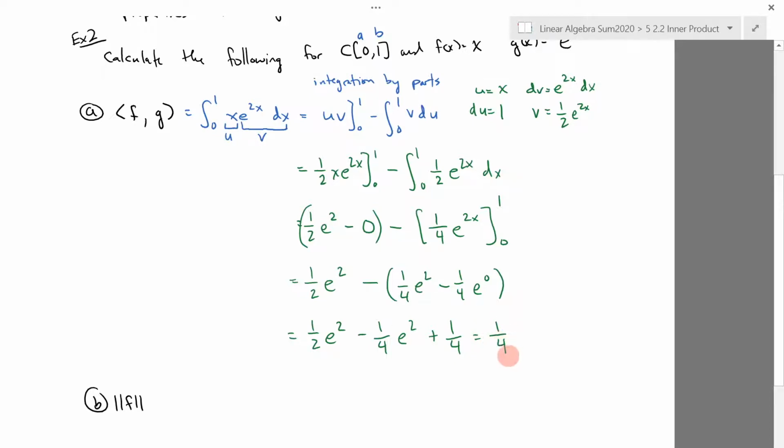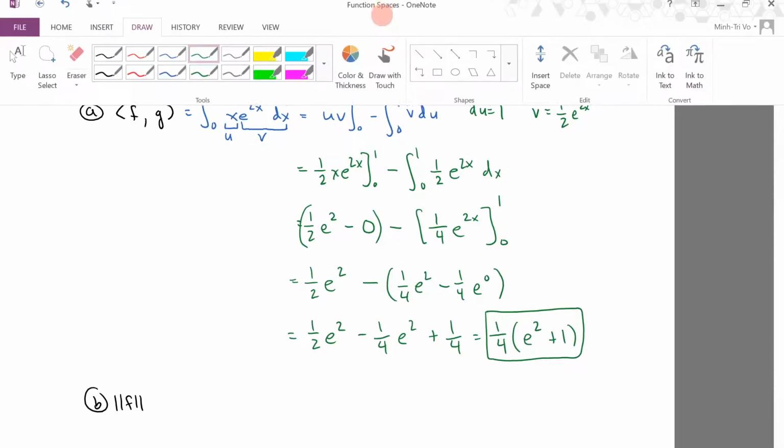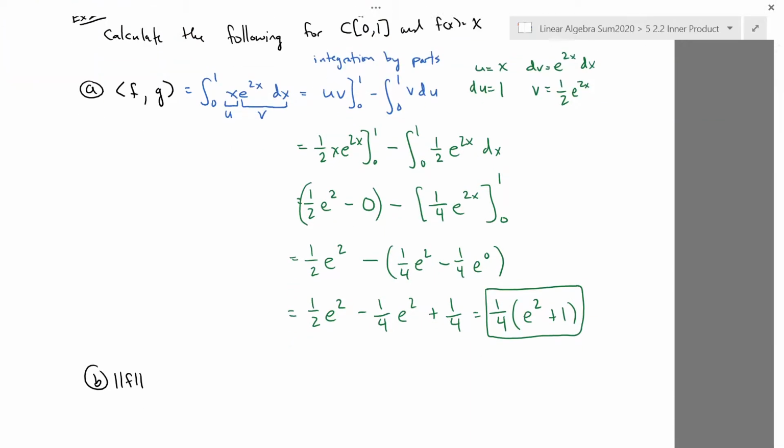So we get 1/4, and then I can factor out the 1/4, so I'm left with e squared plus 1. Okay, so e squared is a number, so that's e squared plus 1, and that's a number, and then times 1/4, that's a number, right? So this whole thing is just a real number, and so that's the inner product of f with g.